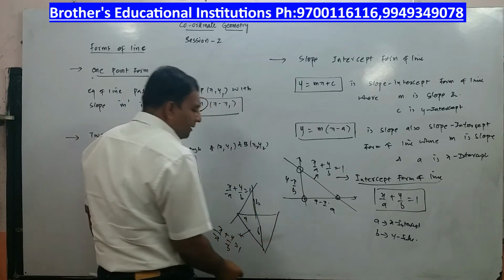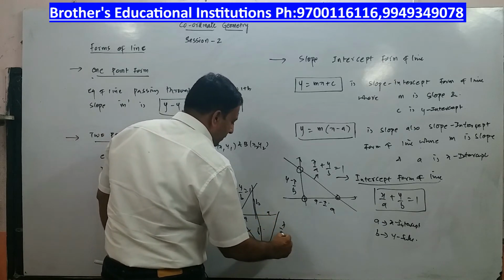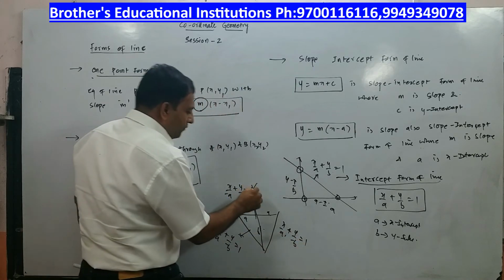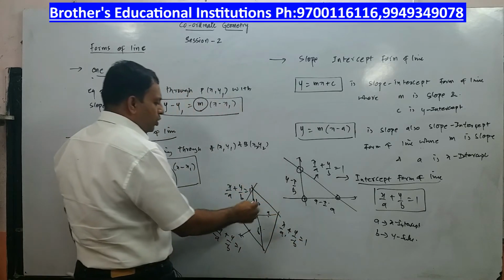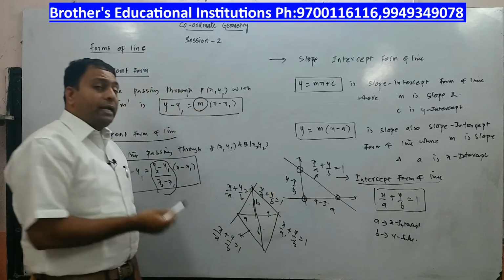If the line is cutting intercepts like this, so this is a and this is b, it is x/a + y/(-b) = 1. And if it is cutting like this, positive x, positive y, it will be x/a + y/b = 1. So that is called intercept form of line.